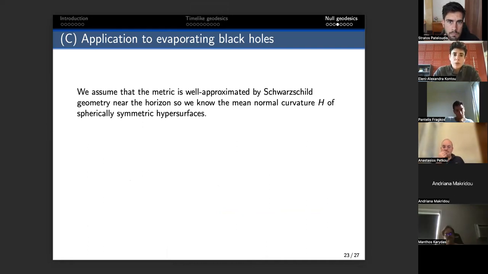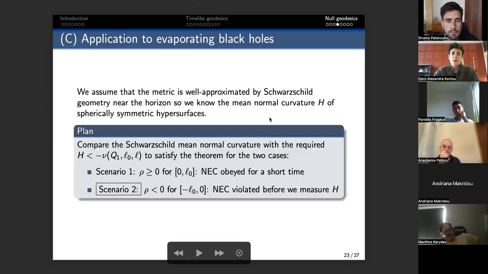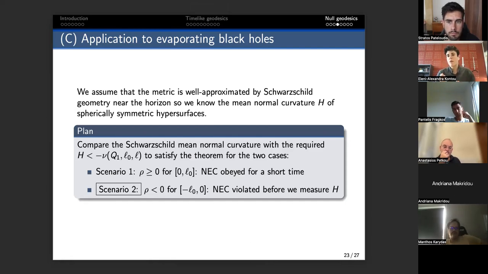So in this toy model, we assume that the metric is approximated by Schwarzschild geometry near the horizon. And so we know the mean normal curvature of the spherically symmetric hypersurfaces in Schwarzschild. So the plan is to compare the Schwarzschild mean normal curvature with the required H from the theorem.